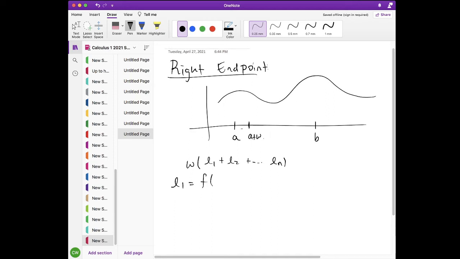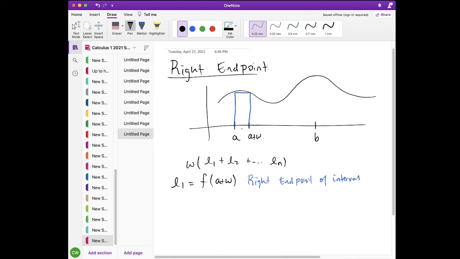A plus W, yeah, because that's the right endpoint of the interval. So you draw your line up to the curve, stop, and then draw a line over to A and go down.